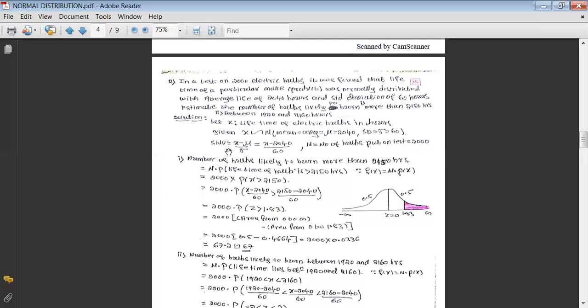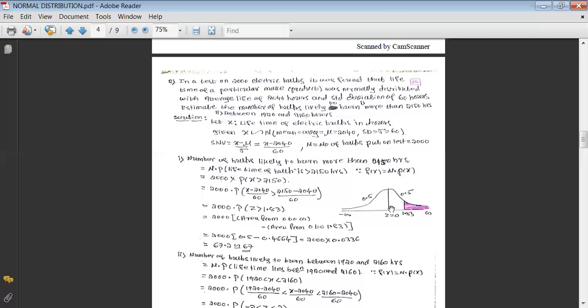Now, once you know it is normal, we can convert to standard normal by subtracting the mean and dividing by the standard deviation from the normal variate. That is given by z equals x minus mu by sigma, where mu is 2040 and sigma is 60. Capital N is the number of bulbs put on test, and they have said in a test of 2000 electric bulbs, therefore capital N is 2000.